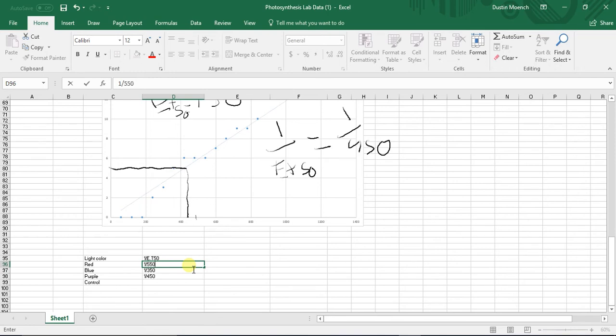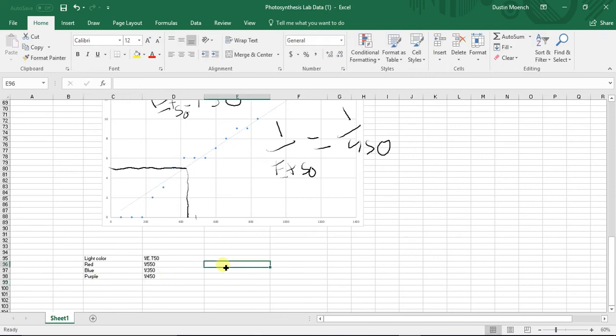Like that. Alright? So what I'm actually going to do now is reorder these so that they're in some sort of order, so that the least is at the top and the most is at the bottom.